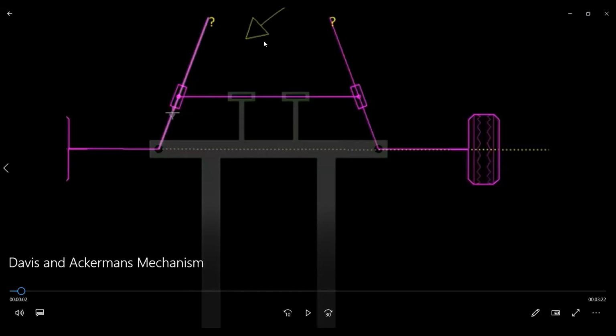See, so you can see this is one link. This is a complete link which can turn about this particular point over which this wheel is mounted. Similarly, the same link is provided here. It is the second link. The third link is this particular link which is fixed.